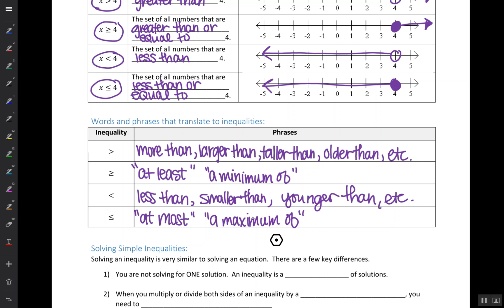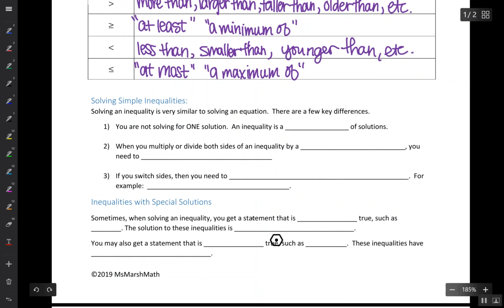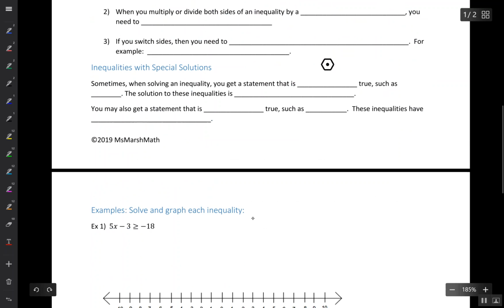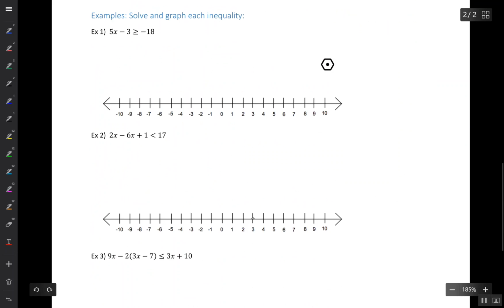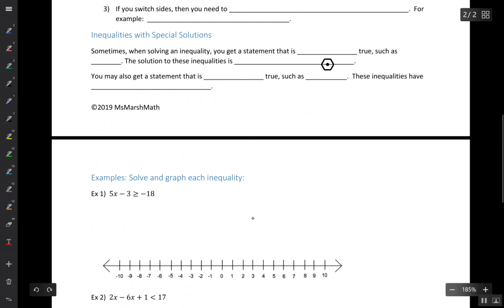So let's talk about how to solve inequalities. They're very similar to solving equations, but there's some very important differences. If you look at the second page, you can see the types of problems we're going to be doing. 5x minus 3 is greater than or equal to negative 18. One big difference is it's not an equation.